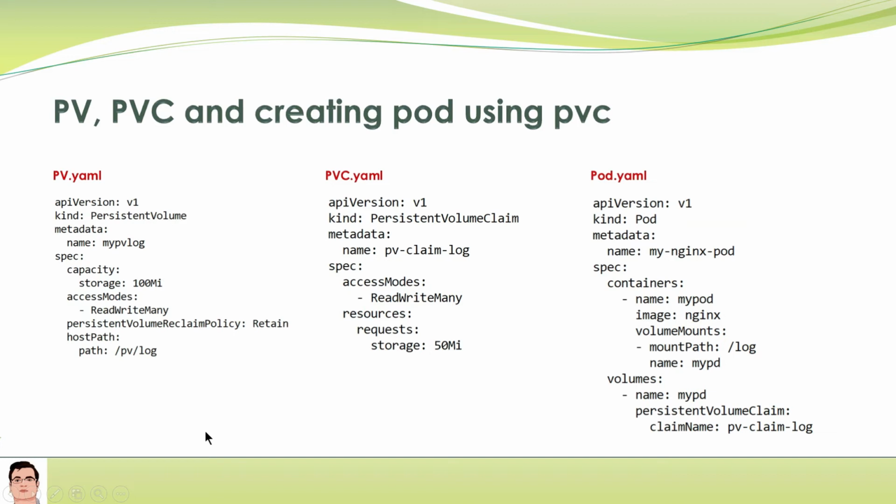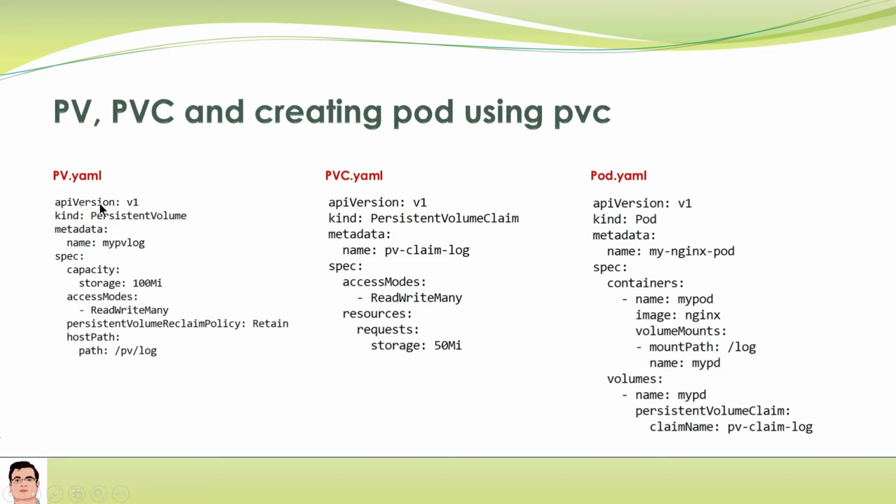This is an example of the specification file I have for you, showing how we can create a PV, how we create a PVC, and how to create a pod utilizing that PVC. You can see we have a YAML definition file for the PV.